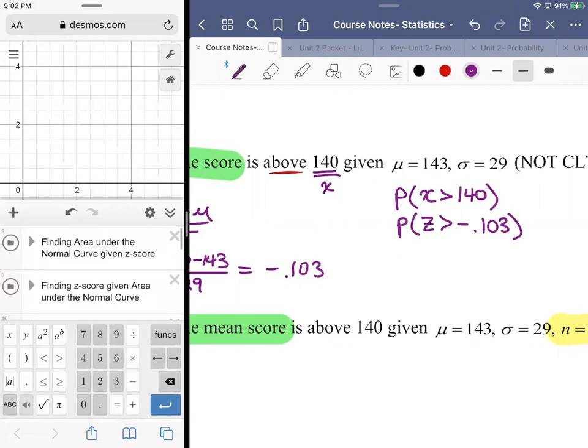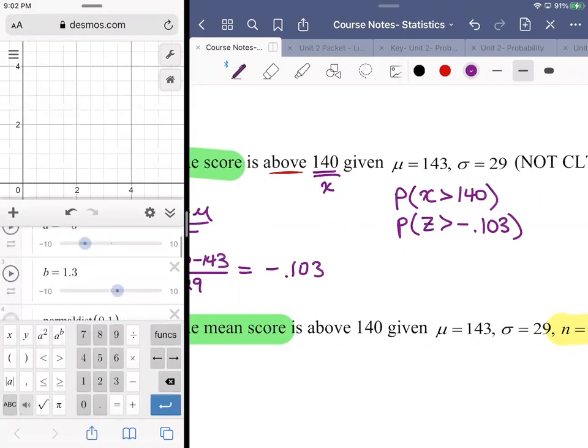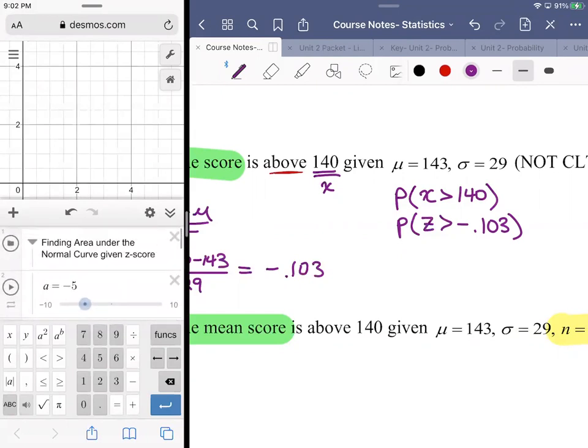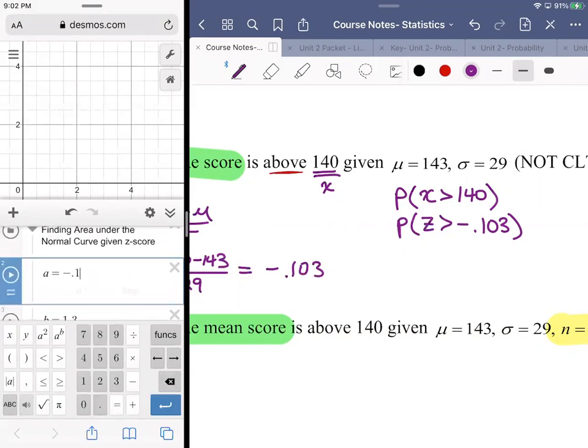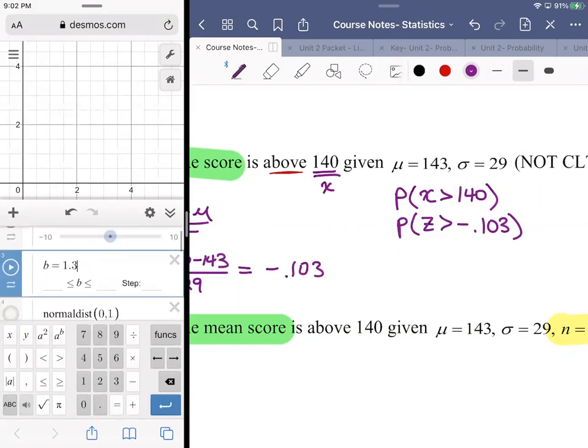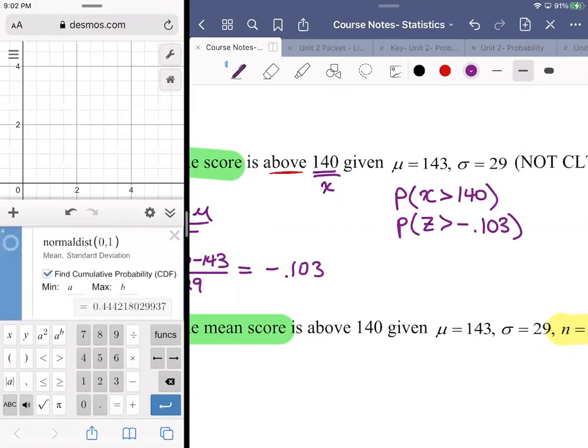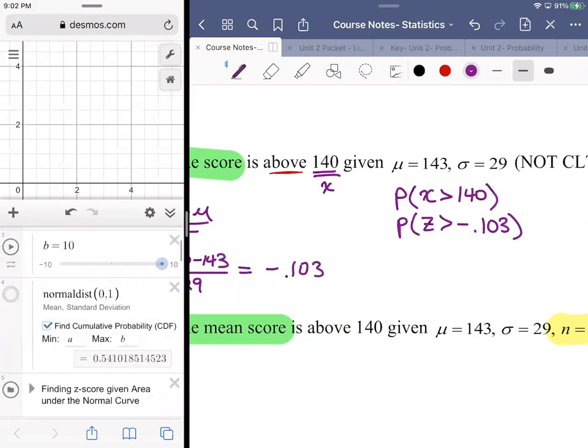So I can go back to my area under the curve. Negative 0.103 is on my low end. On my high end, something really big. 10 is usually sufficient. I mean, it's always sufficient. So 0.541.